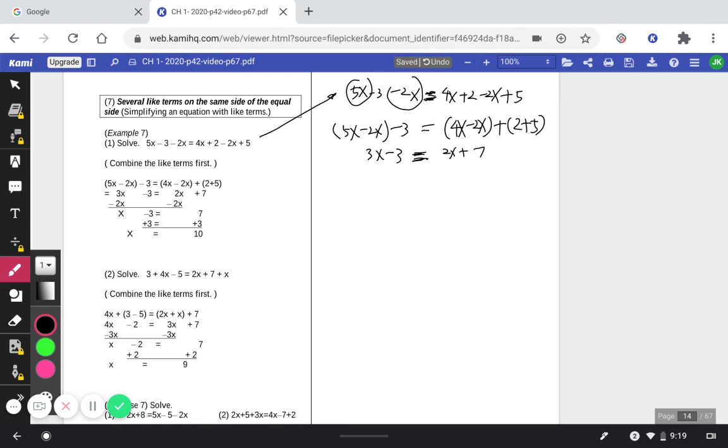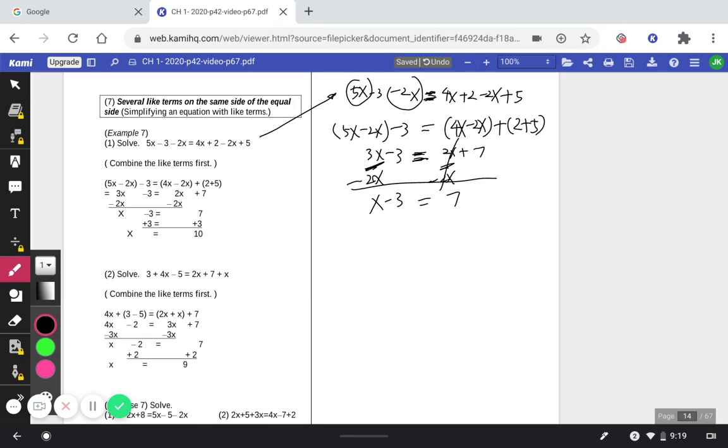And then you have 3x and 2x. So which one do you move? The smaller one. So minus 2x in both sides. Then x minus 3 becomes 7, or positive 7.